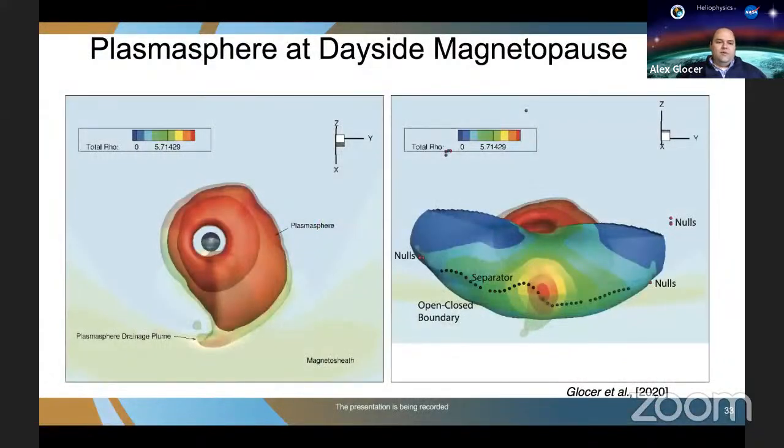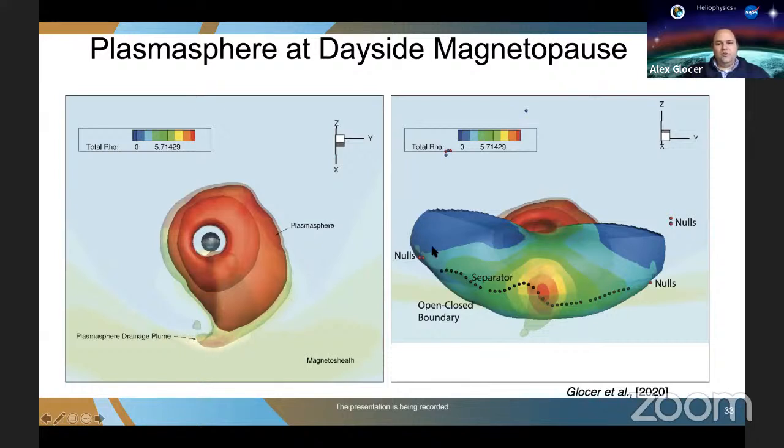So when we do that, we find that once the storm gets going, we start to create a plasmasphere drainage plume. Here is a top-down view showing different isocontours of the density, and you see that you're getting this plume that's drawn out towards the day side and encounters the magnetopause.